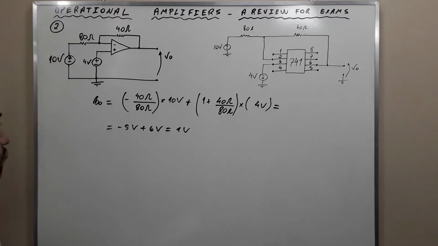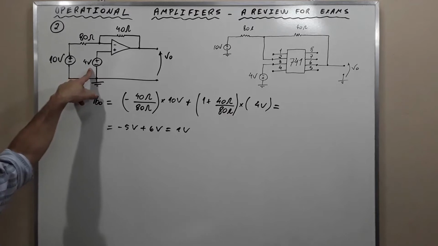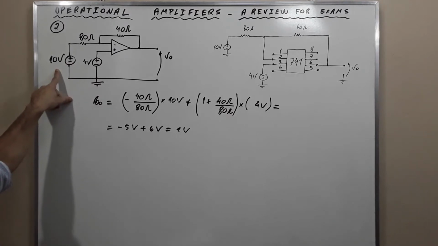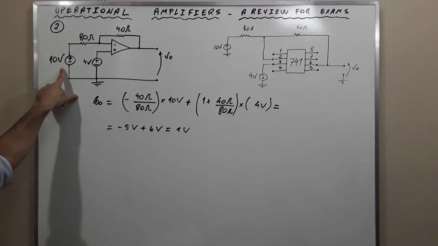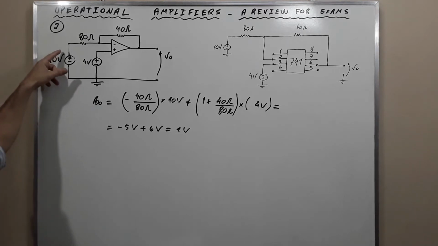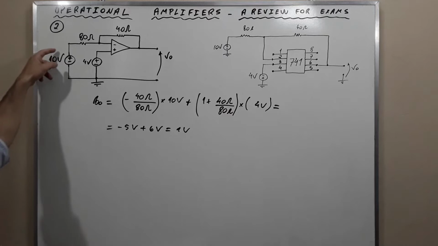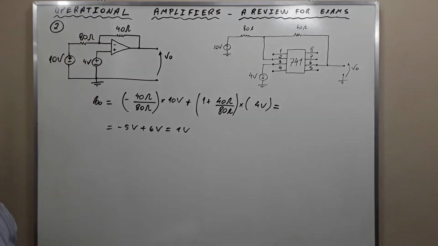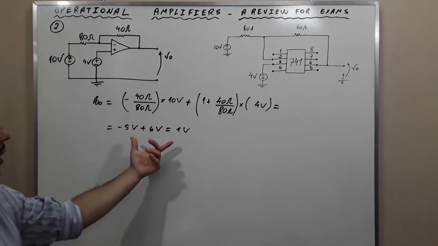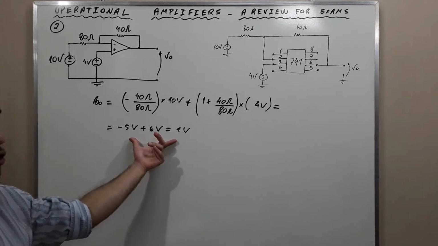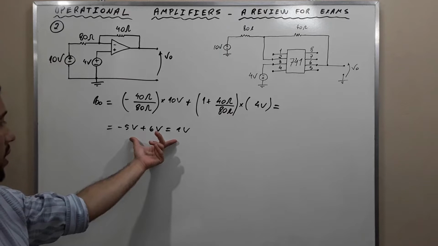And what is the conclusion that we get when we change the polarity here or here? Okay, we see that when they have the same polarity here as this example, both positive terminals of the battery applied to the input terminals of the operational amplifier, the output is going to be the difference. Okay?